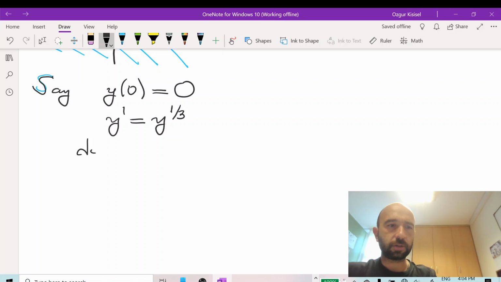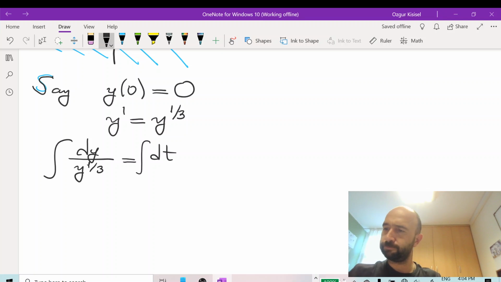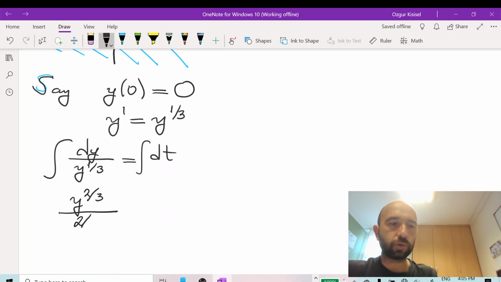Then this is separable: dy over y to the 1 over 3 equals dt. Now, this is y to the power minus 1 over 3. And if you integrate it, you'll get y to the power 2 over 3 divided by 2 over 3.